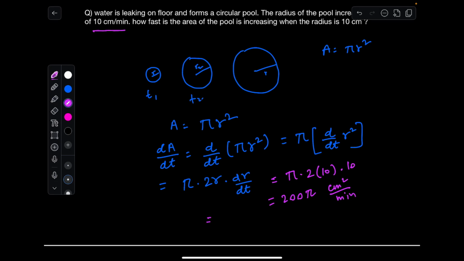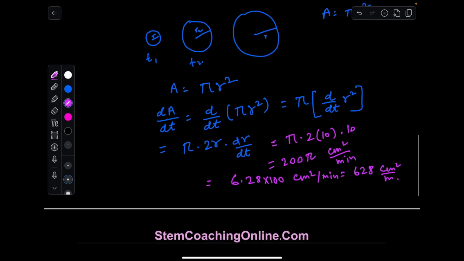Or we can calculate further. Pi is 3.14, so it would be 6.28 times 100 centimeter squares per minute, which is 628 centimeter square per minute. Now, are we done?